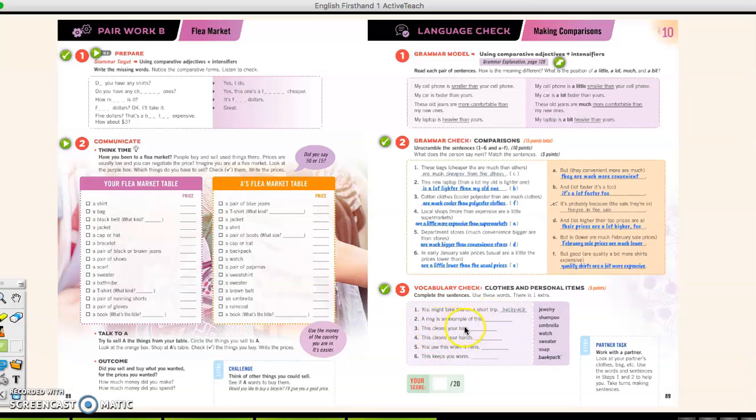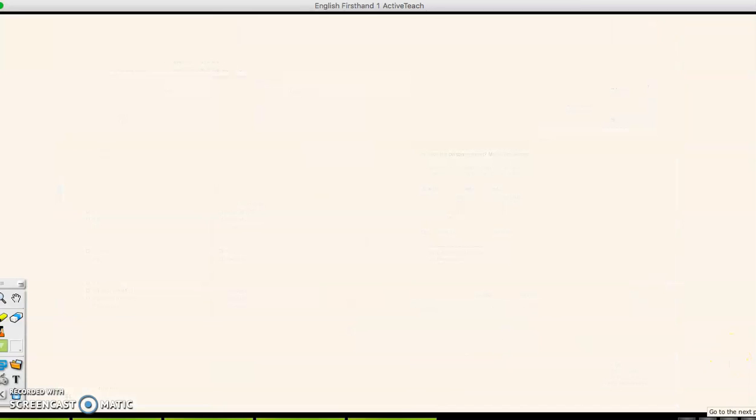A ring is an example of this. You know what that is, right? It's not soap, it's not umbrella, it's jewelry. So do those on your own, and I will push the check button right now. Try to do them as quickly as you can, too.